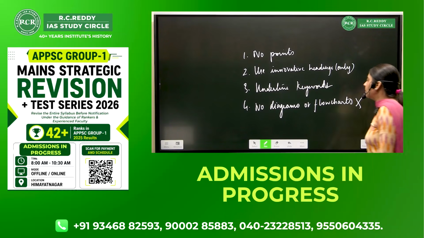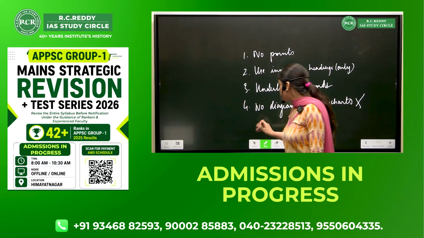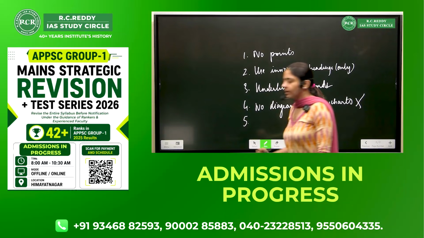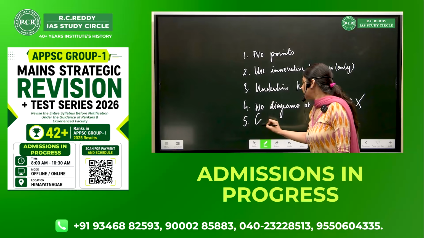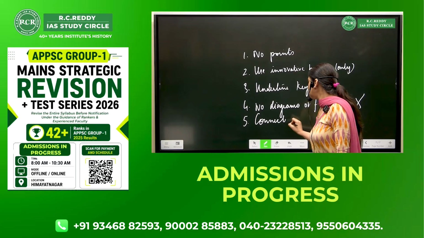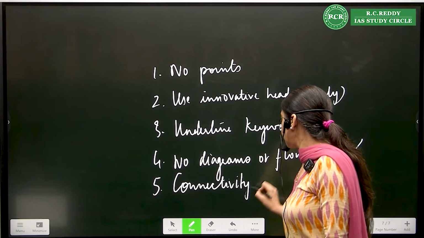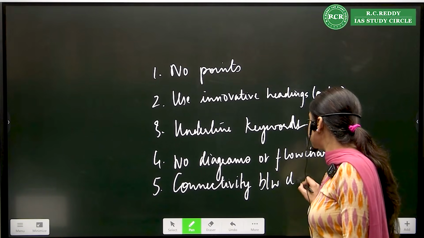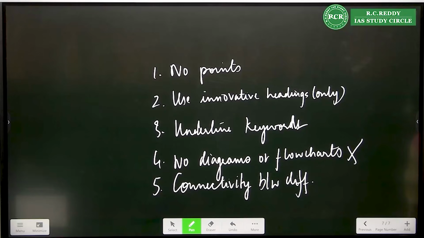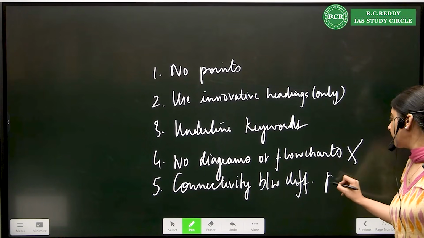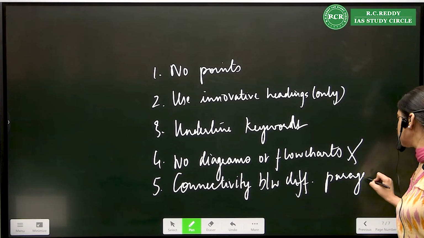Okay. Now, no diagrams, no flowcharts. Then you have to make sure of connectivity between different paragraphs. We will understand this point more when we discuss essays in the class.